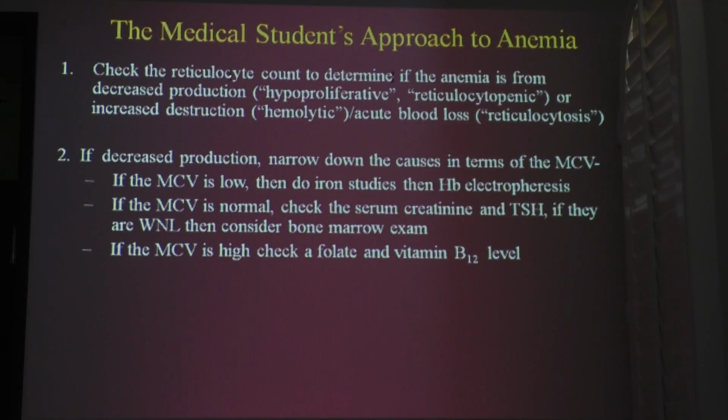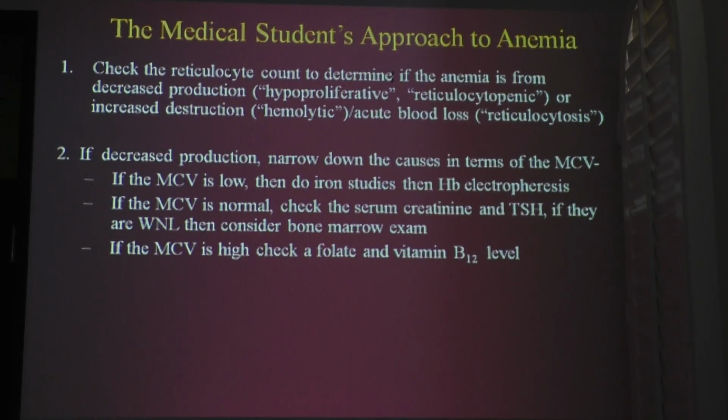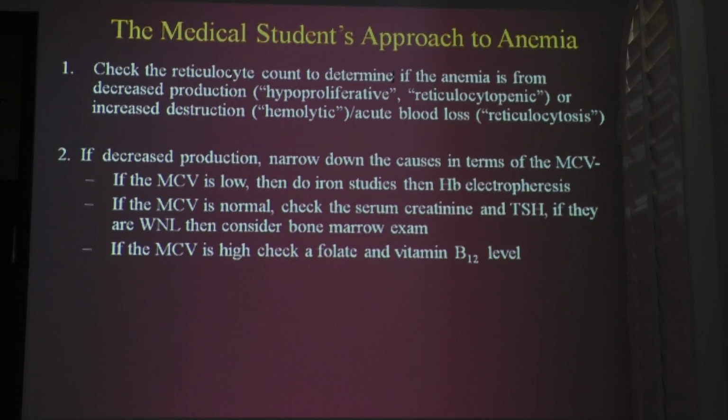And the ferritin, if it's less than 100, that's consistent with iron deficiency. If the percentage of transferrin saturation is less than 30, that's also consistent with iron deficiency. If you remember those two, you're going to be good. So if the MCV is normal, then you look at the creatinine, and the reason is, do you guys know why we look at the creatinine?